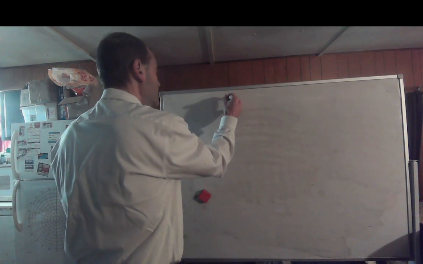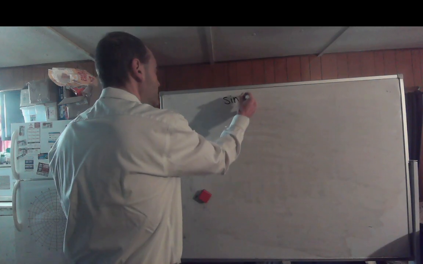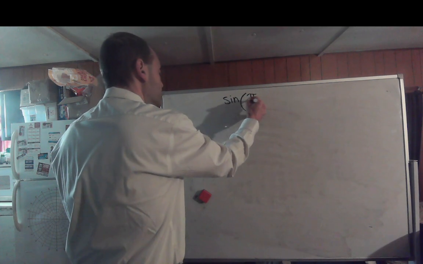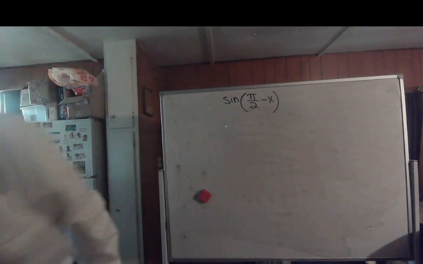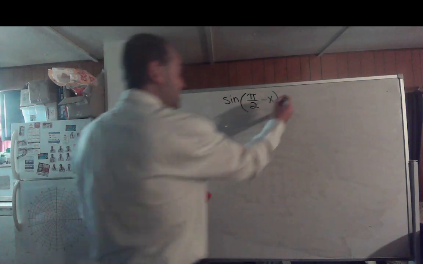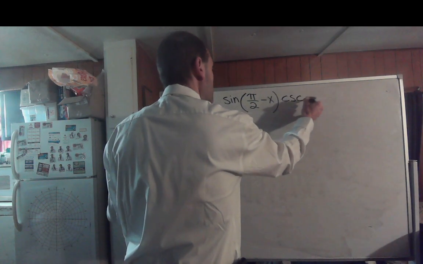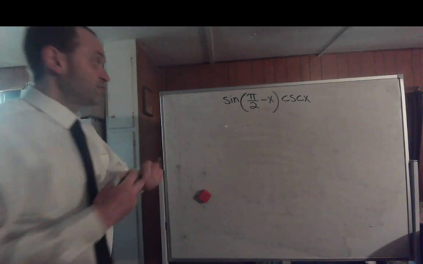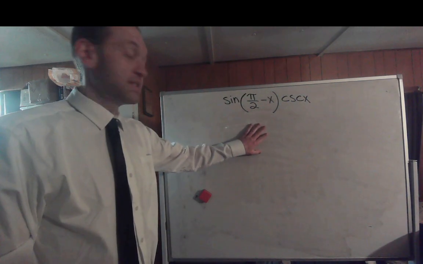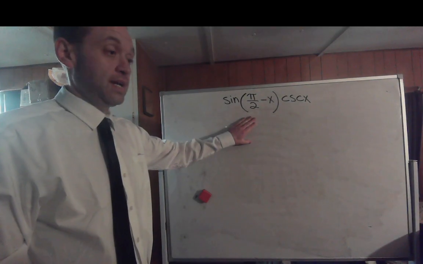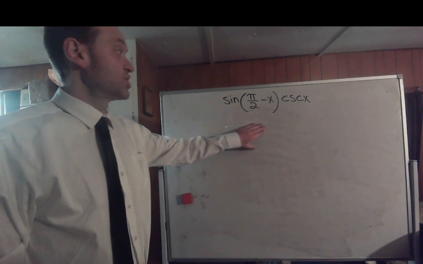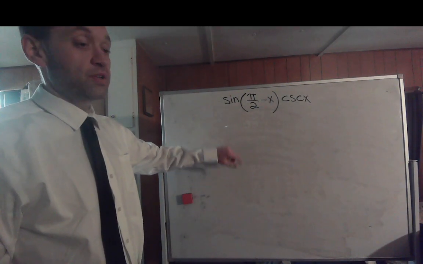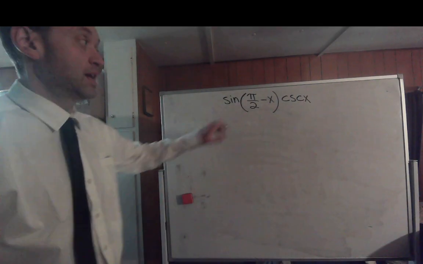Now here's a good one. You have the sine of pi over 2 minus x times the cosecant of x. Well, that sine of pi over 2 minus x is a cofunction identity. If we take pi over 2 minus x, it just turns into the cofunction of x.